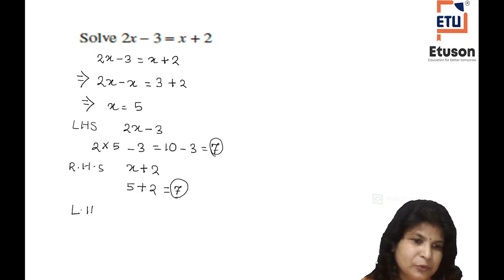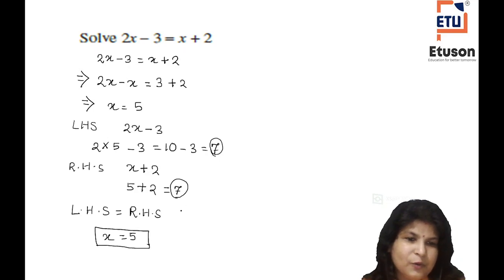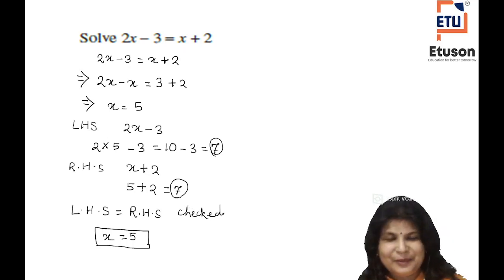So you got that the left hand side of the equation is equal to the right hand side by putting x is equal to 5. So what is your solution value then? x is equal to 5. So the answer you had got was correct, which you have already checked by putting the value x is equal to 5. Correct or not?